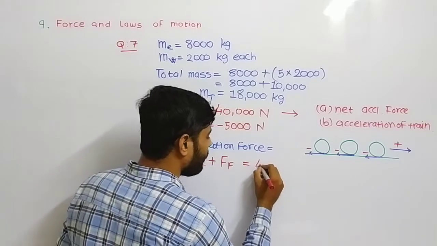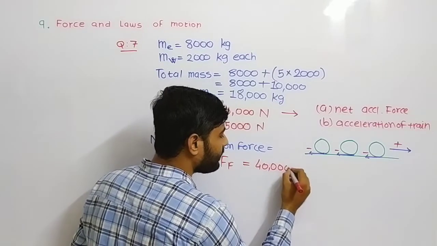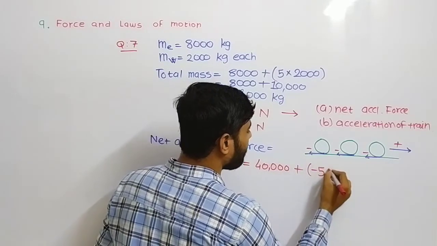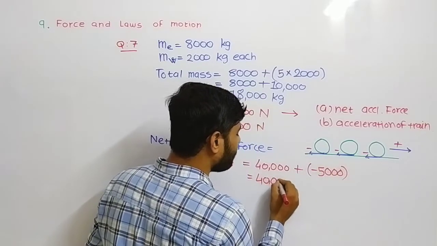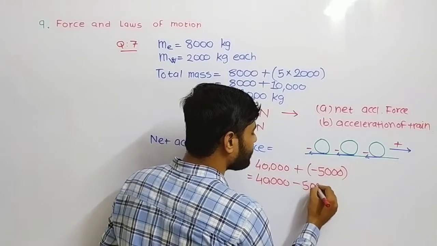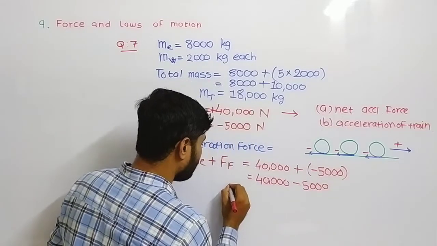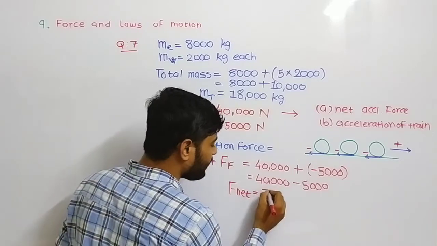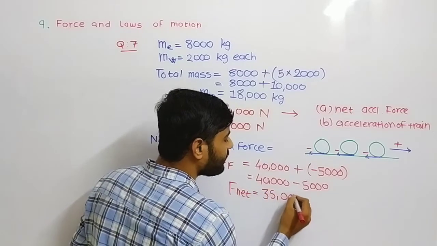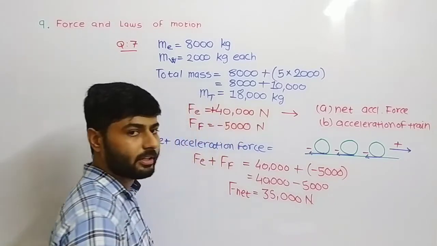So we have 40,000 plus minus 5,000, that is 40,000 minus 5,000. So F net is equal to 35,000 Newton.